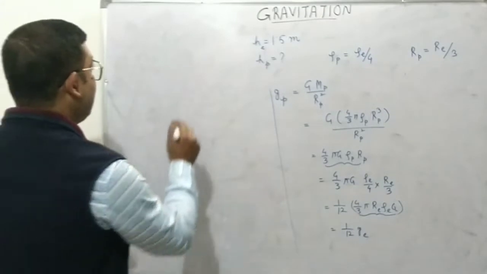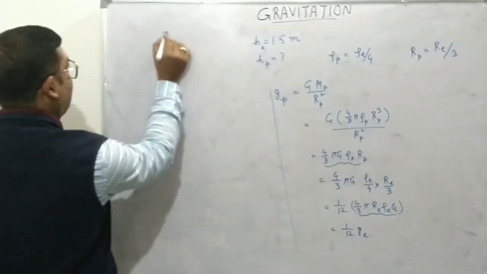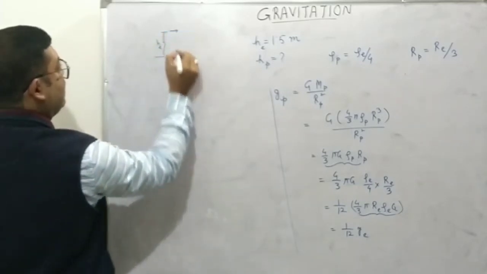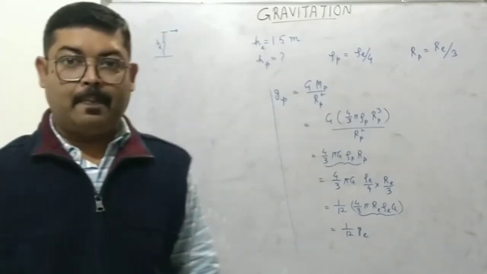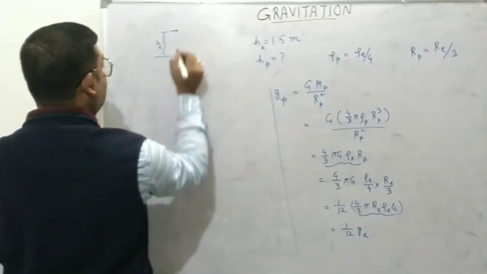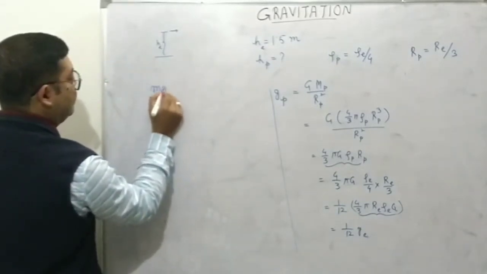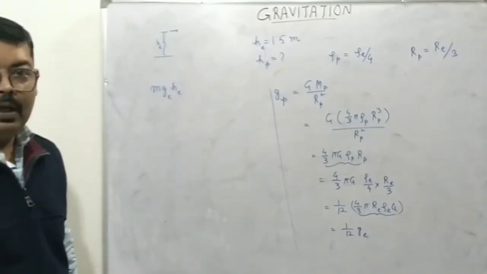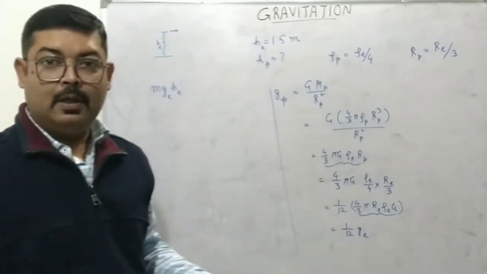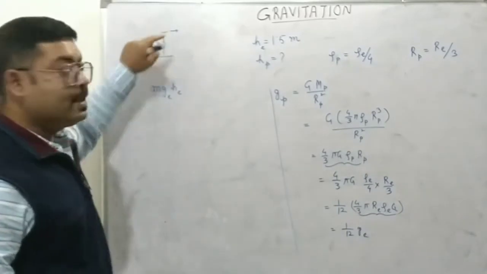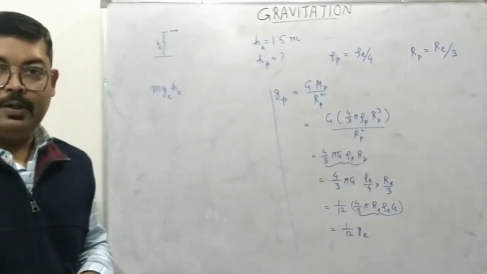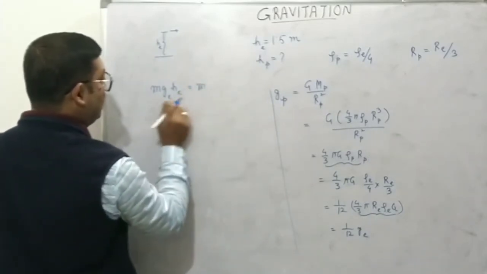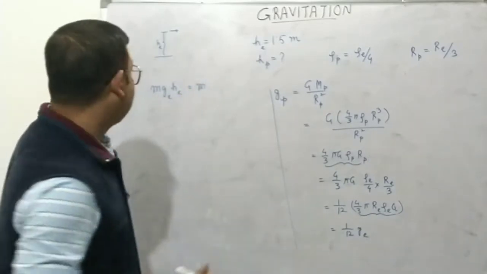Now, since the man can jump up to a particular height, say this height, h earth. So when he reaches here, his potential energy will be, we know, m g of r into h e. Now in the new planet, when he jumps, he can attain the same maximum potential energy, right? So for the new planet, mass of the man will remain the same.